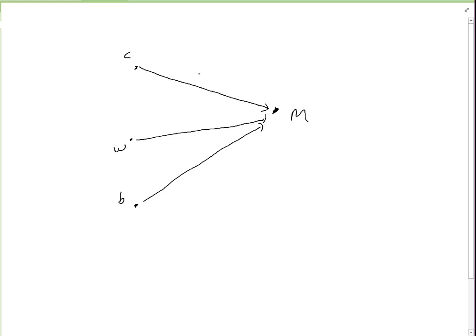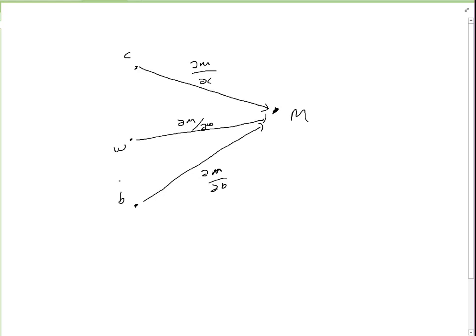And the change in C, but then you've got to multiply. I'm going to write it like this. You have to multiply it, instead of writing MC, just to be more precise, I'm just going to write it like this. The partial derivative of M with respect to C, the partial derivative of M with respect to W, and the partial derivative of M with respect to B. Okay.